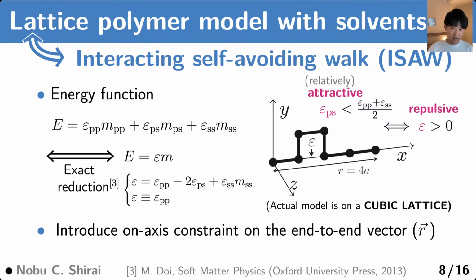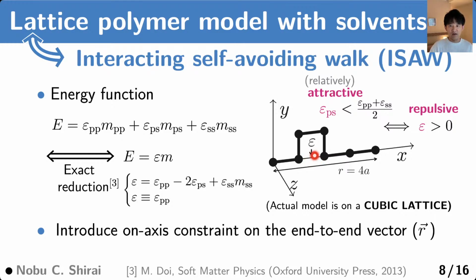And I want to say this: if we have an attractive interaction between polymer and solvent, as I explained in the introduction, that corresponds to the repulsive interaction in the interacting self-avoiding case. This epsilon is the intra-chain interaction between two neighboring polymer segments.